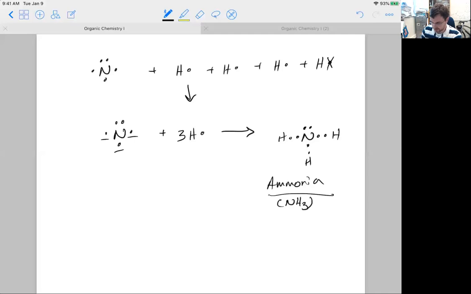And it's neutral. If you look, the hydrogens all have 1 bond. Now, what about the nitrogen in this case? Well, its formal charge is also equal to 0. The overall thing is neutral, but that's not all that we have.